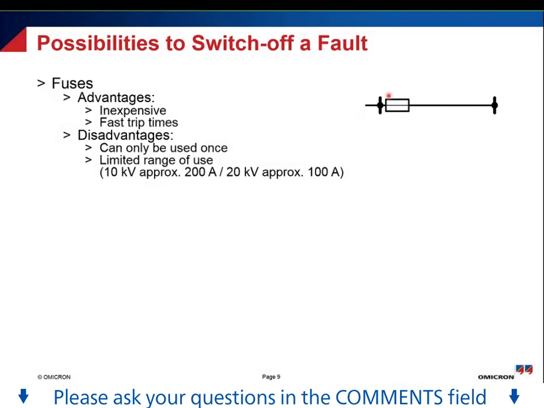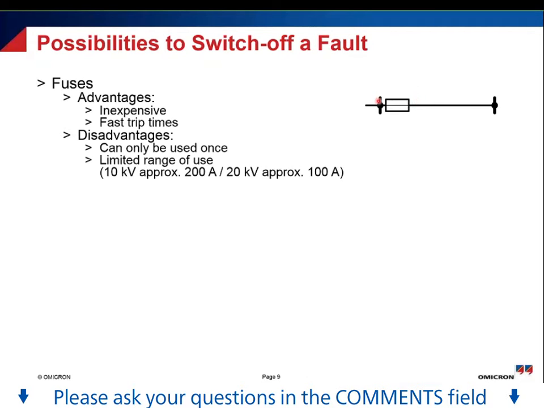So fuse means that there is an electrical lead that melts down if the current is too high. And as soon as it melts down, the current path is interrupted. So it needs to be made sure that a load current will not trigger such a fuse, but only fault currents.